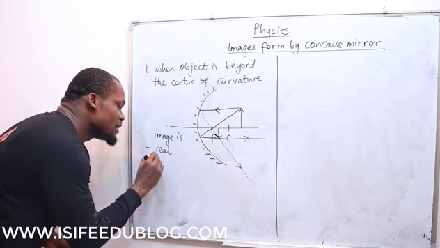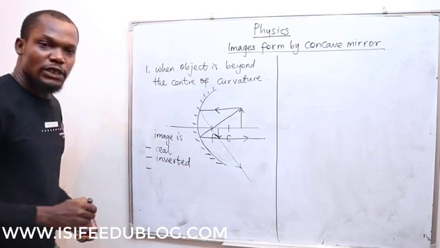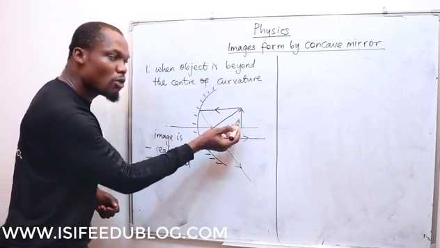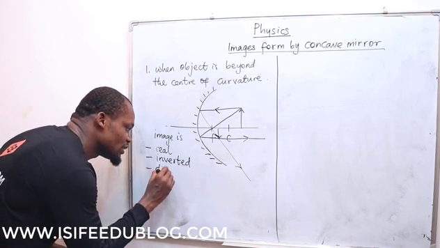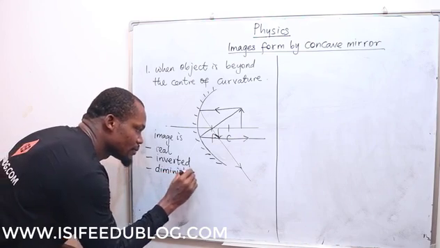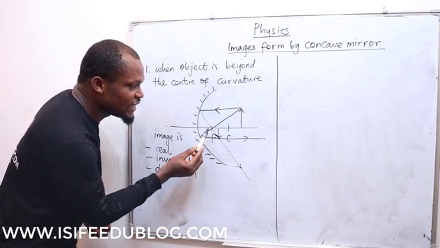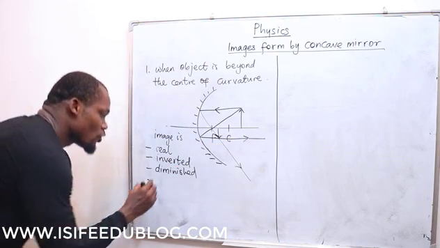So it means that the image is inverted. The third one is, what is the size of the image? You can see that the image is smaller than the object. So we say the image is diminished. And finally, where is the image formed? You can see that the image is formed between the focal point and the center of curvature.